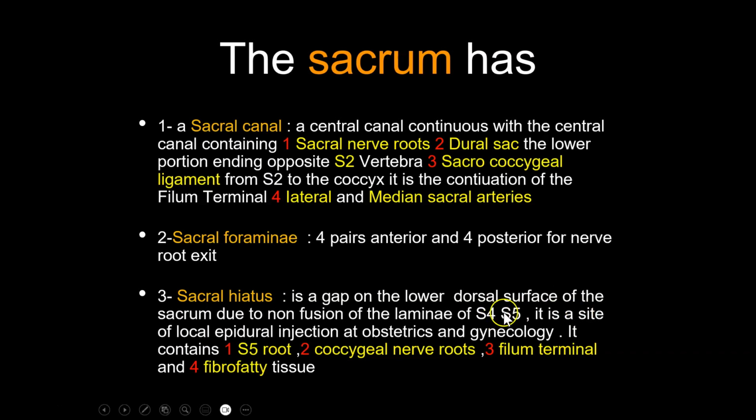The lamina of S4 and S5 are missing, forming the sacral hiatus. What is the importance? It is the site of epidural injection in obstetrics and gynecology, and through it pass the S5 root, the coccygeal nerve roots, the filum terminale on its way to the coccyx, and some fibrofatty tissue.